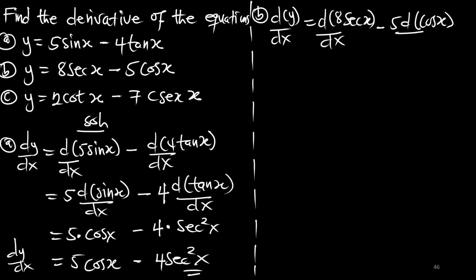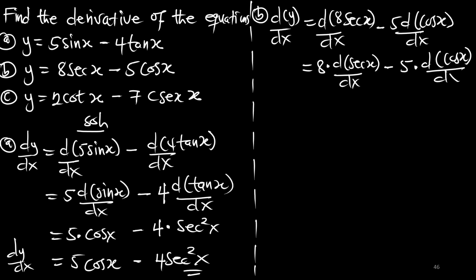So the same thing, the 8 is a constant, so I'll bring it out, multiplying the derivative of sec x with respect to x, minus 5, also a constant, out, multiplying the derivative of cos x with respect to x.